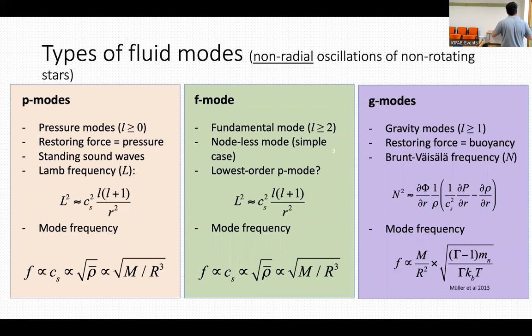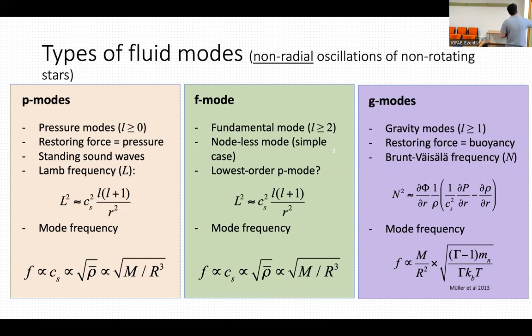This is supposed to be the fundamental because it has no node, no crossing by zero inside the star. And if you go to the bibliography, you will see that this is also called the lowest-frequency p mode. But it's not clear which is the f mode. In some simplified scenarios it's clear, but I will show you that in this case it's not completely clear which is the fundamental.